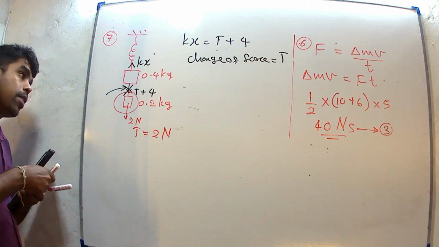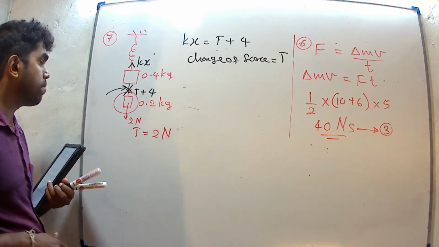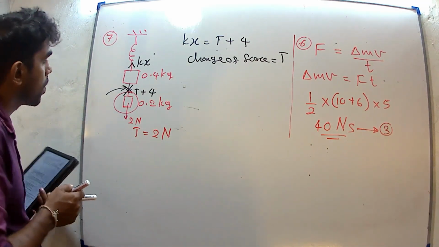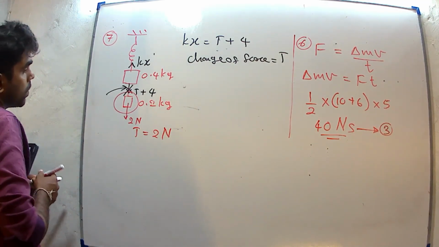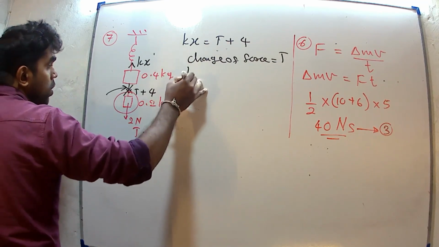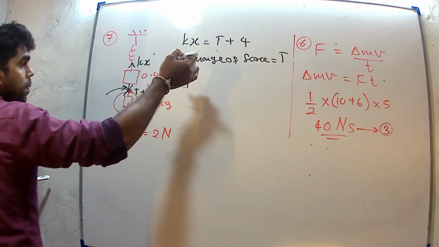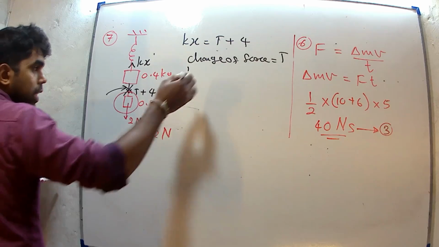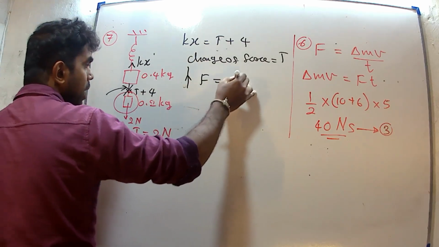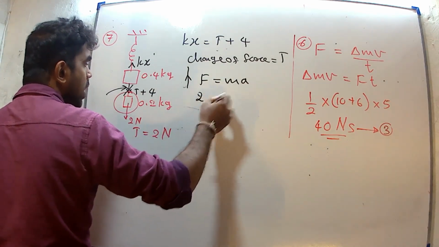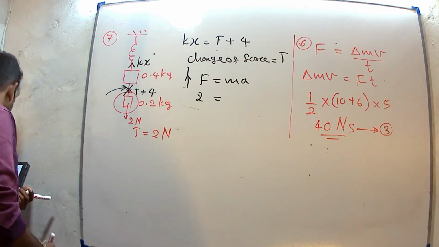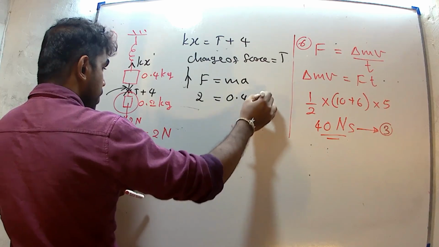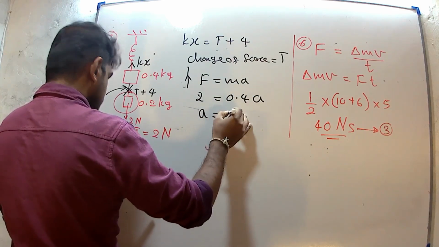Therefore, when the thread is burning, the upward resultant force on this object is equal to the tension, it is 2 Newton. Then we can get F equals ma. 2 Newton is the external unbalanced force, should be equal to mass 0.4 into a. We have to find the acceleration.